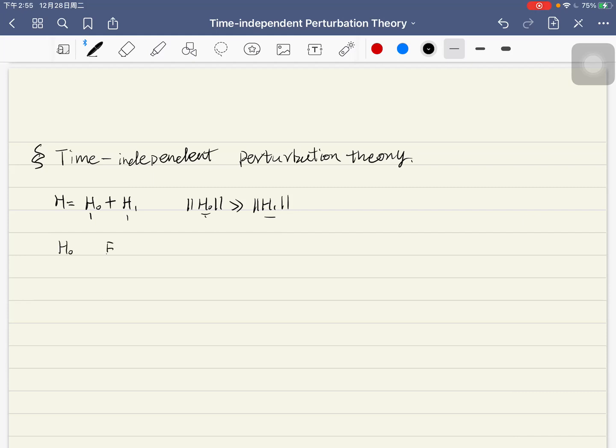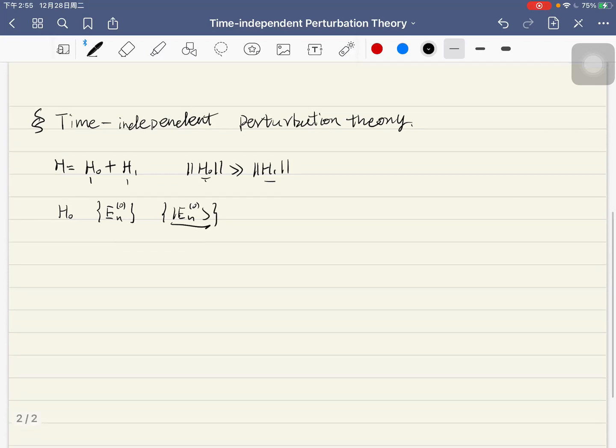So we have its eigenvalues En0, a set of eigenvalues, and their corresponding eigenvectors |n0>. This is the state vector.